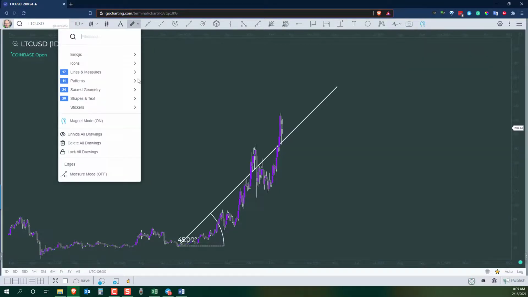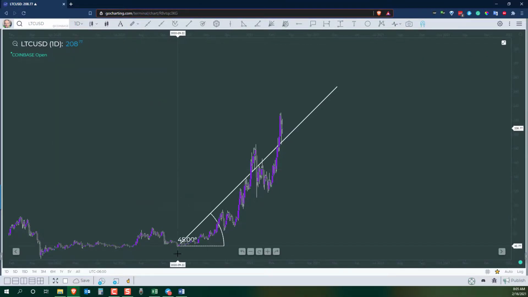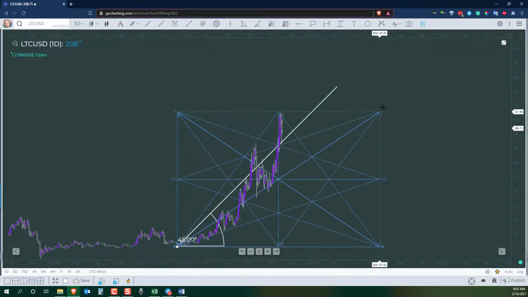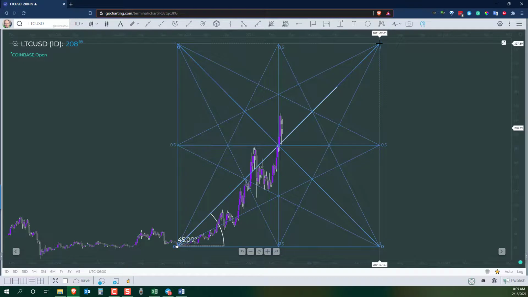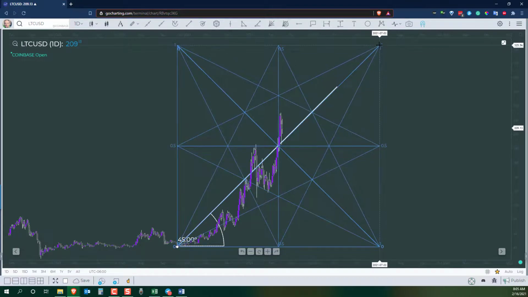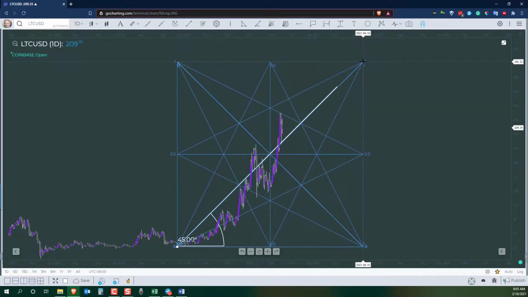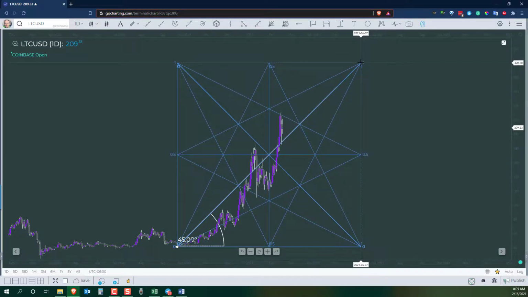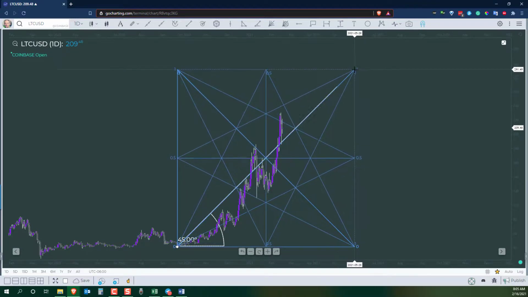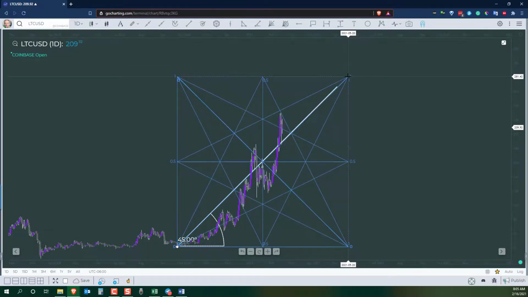So let's just throw one up right quick. I'm not going to go fully into Gann boxes until another video and chapter. But as you can see, look how that aligns, just going off the 45. And then you can bring it down. This is where you find as many touch points as you can with the Gann box.